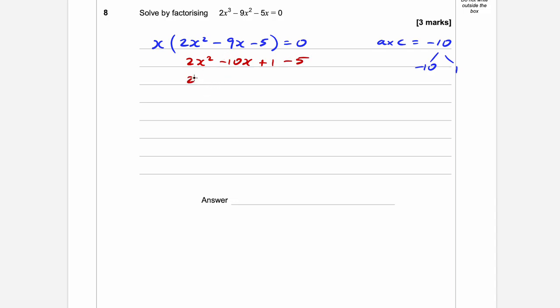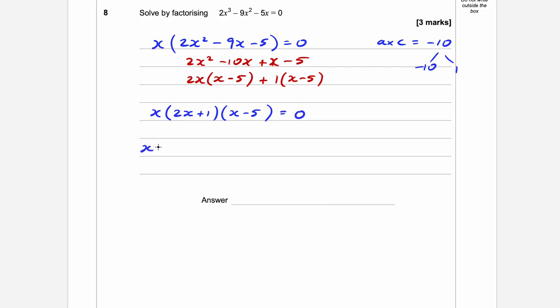This is 2x into x minus 5. Sorry, that's 1x if you like. Plus 1 into x minus 5. Factors are therefore x times (2x plus 1) times (x minus 5). This equals 0.